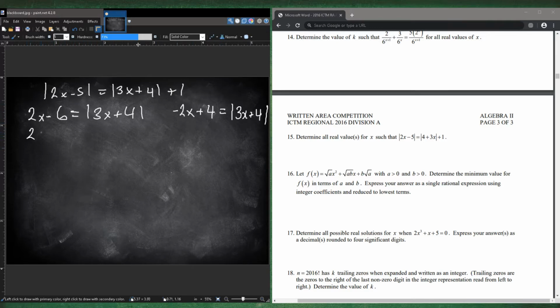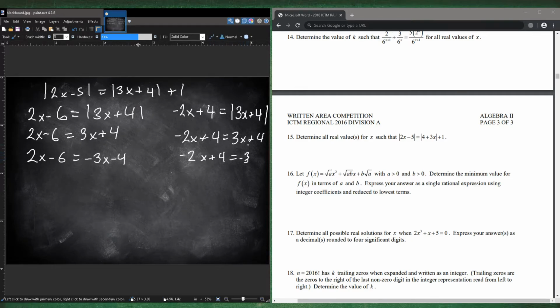So 2x minus 6 is equal to 3x plus 4 if it's positive, and 2x minus 6 is equal to negative 3x minus 4. From the other side, negative 2x plus 4 is equal to 3x plus 4, or negative 2x plus 4 is equal to negative 3x minus 4. Let's do the first one. That simplifies to x is equal to negative 10.